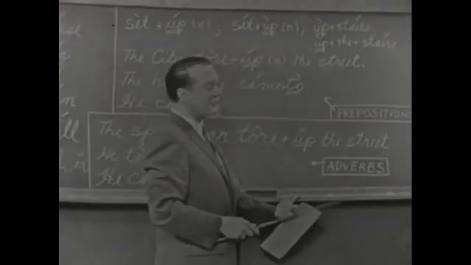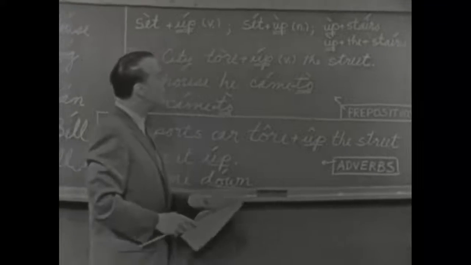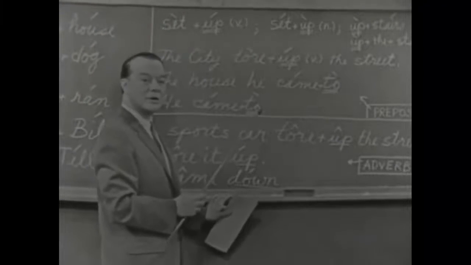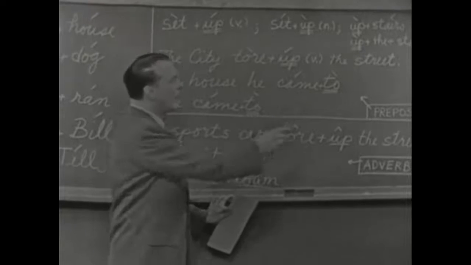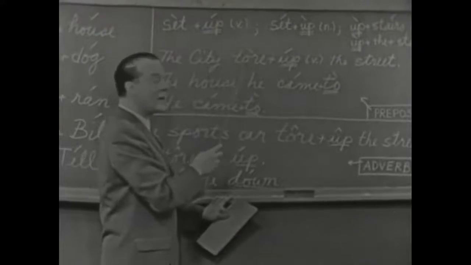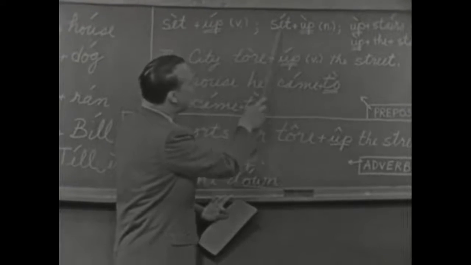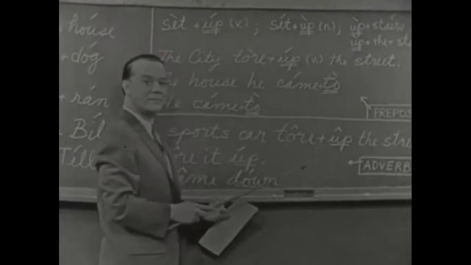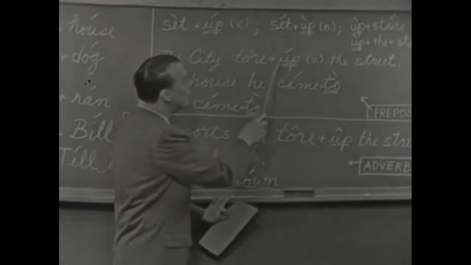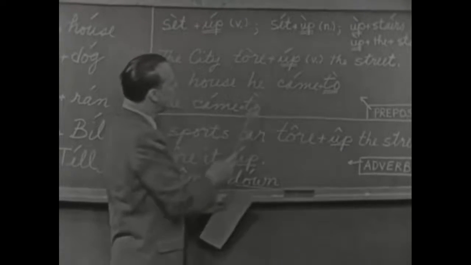Now I can identify for you the preposition. A preposition is going to be an uninflectable word that can be put together with a noun after it, can be put together with noun or verb in front of it, as long as there is only a tertiary stress in the entire phrase, then you've got a preposition. So up is a preposition because it exists here only in a phrase that has primary and tertiary, never more than tertiary.